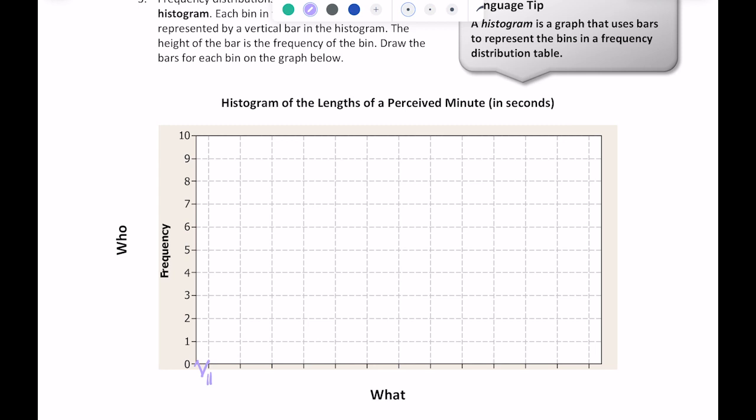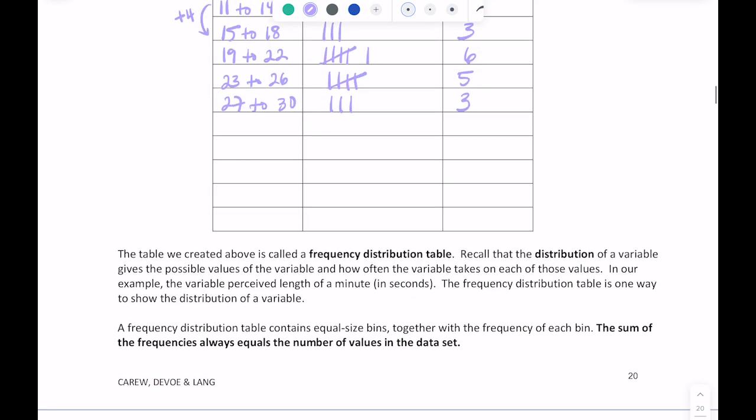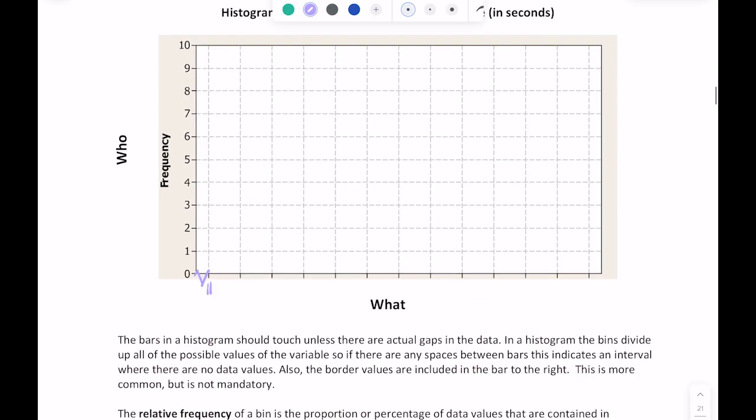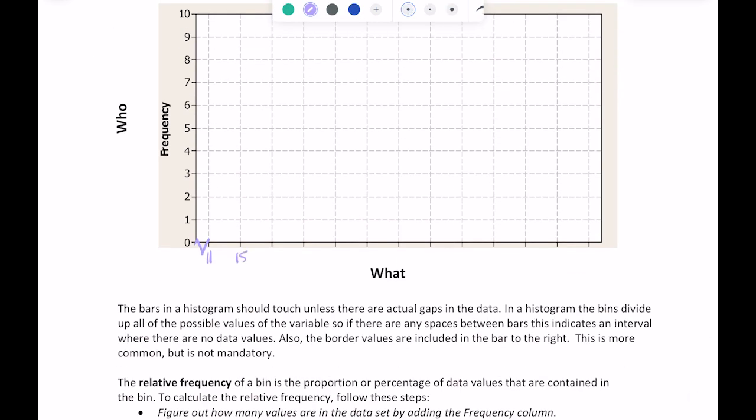So there's a space in the graph. Then I'm going to label it using these numbers: 11, 15, 19, 23, 27, and we know it ends at, it would actually be, 31, right?